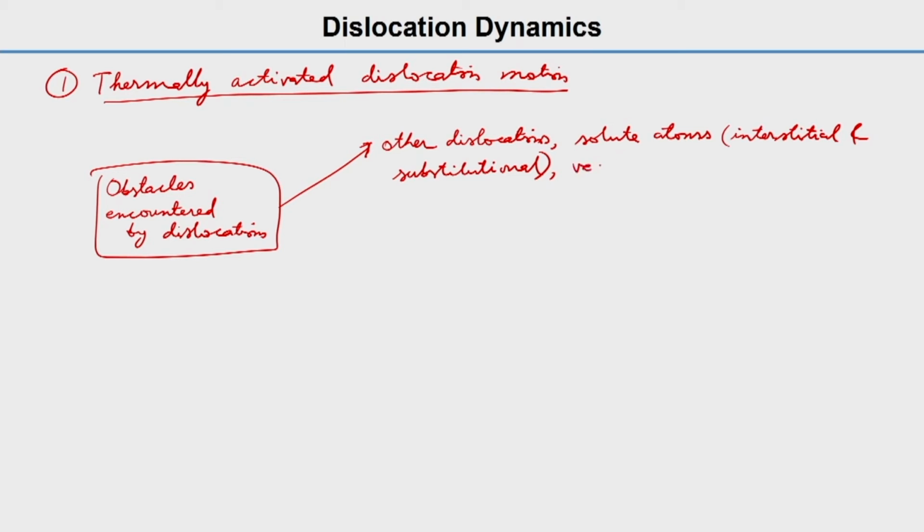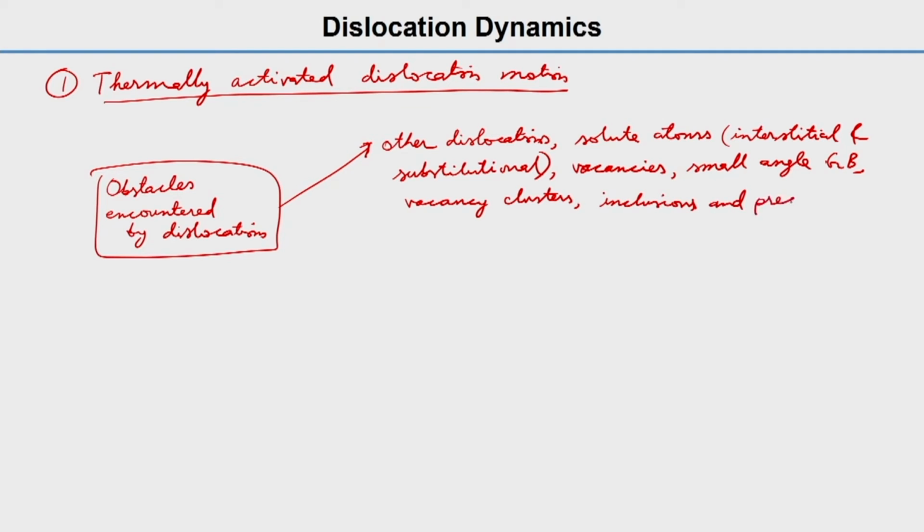So and then vacancies, then small angle grain boundary, I will write GB for grain boundary, and then vacancy clusters, a number of vacancies grouped together, and then inclusions and precipitates.